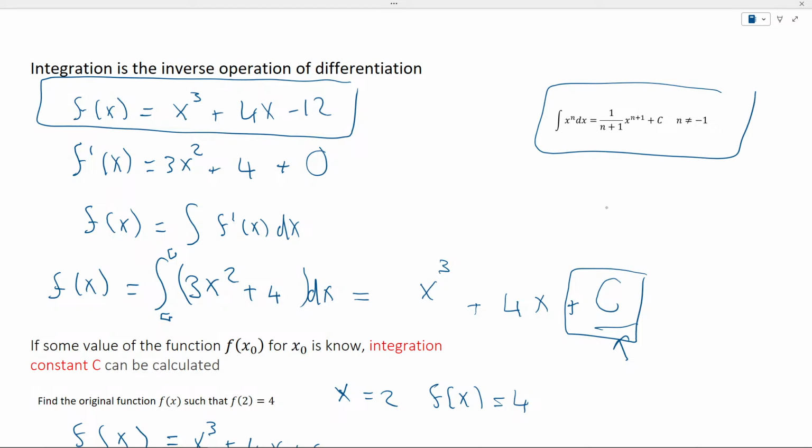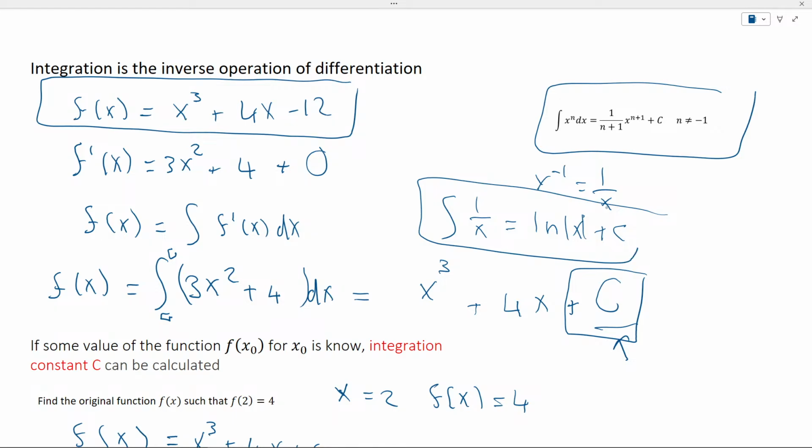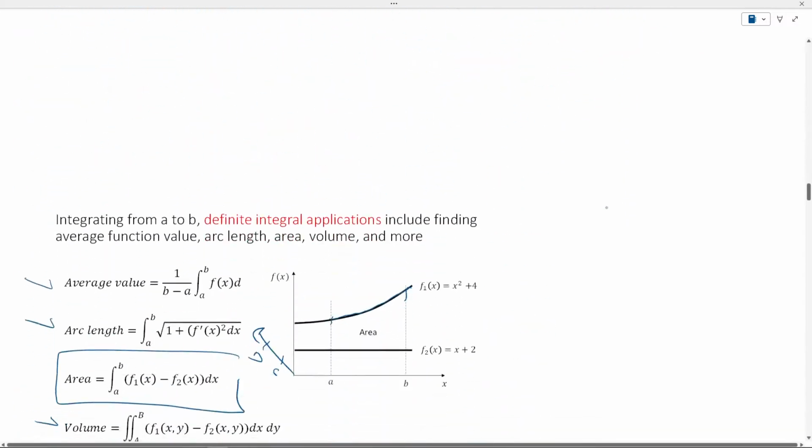So here, if n is -1, that's 1 over x. The integral of 1 over x is equal to ln x plus c. That's the integral of this guy.